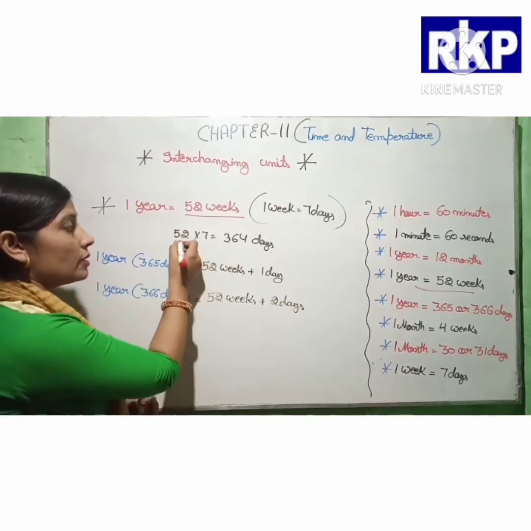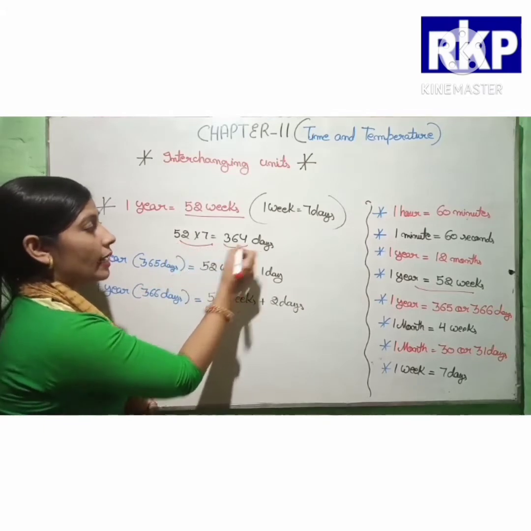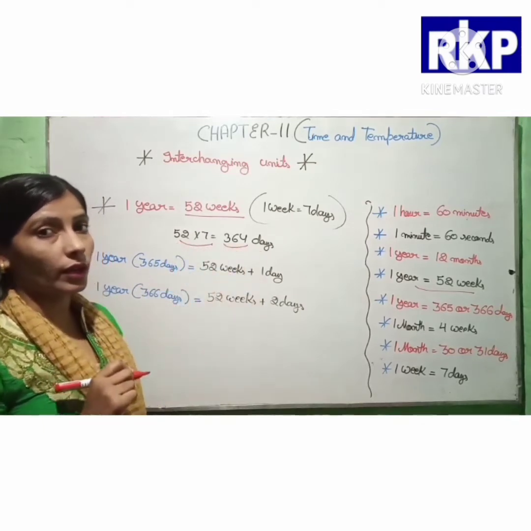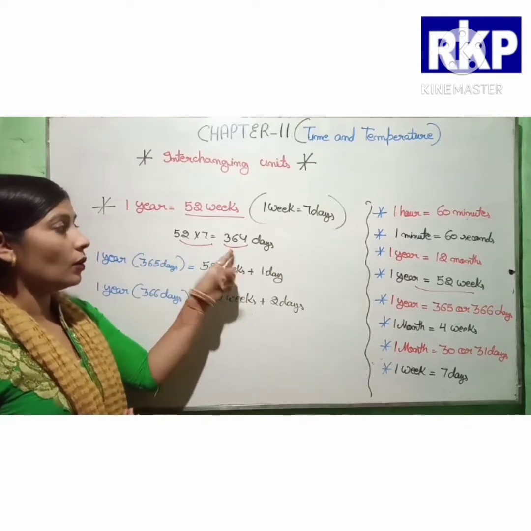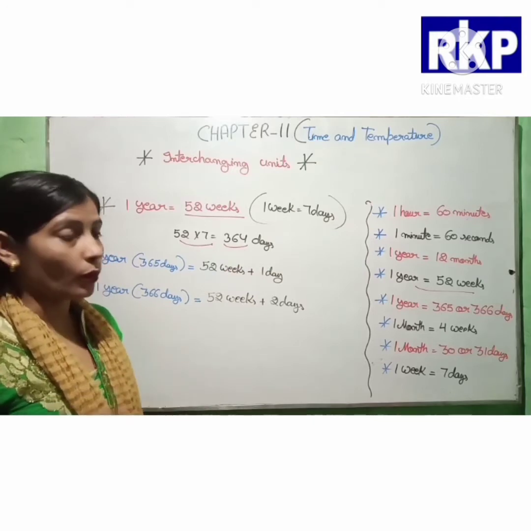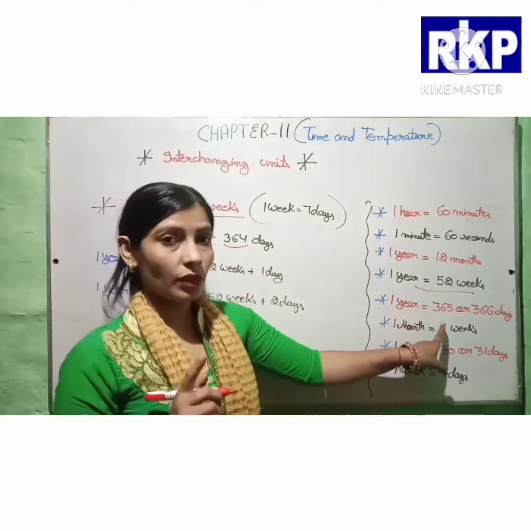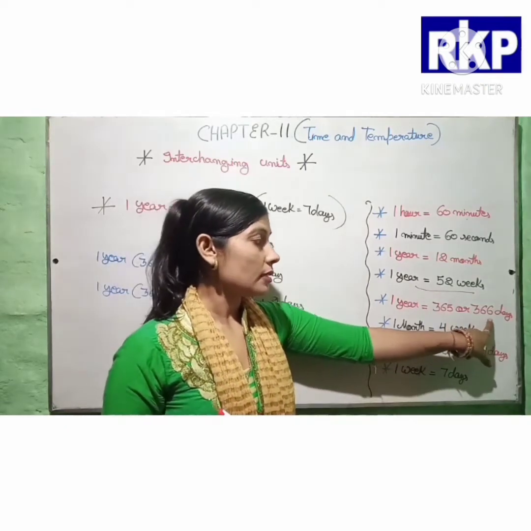If we multiply 52 with 7, then we get 364 days. It means in 1 year we have only 364 days. But you know, in 1 year we have 365 or 366 days.